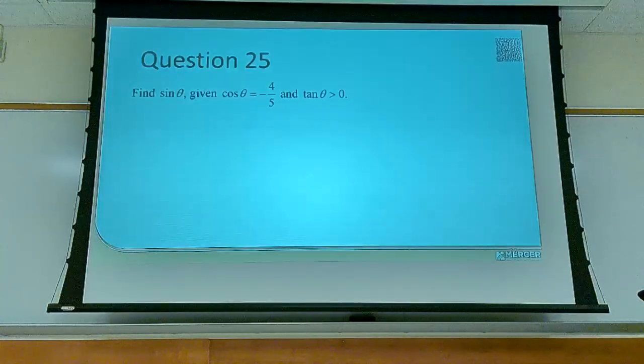Of those two, which one is tangent positive in? 3. Great. We're in quadrant 3. Right, cosine theta being negative and tangent theta being positive means we have to be in quadrant 3.